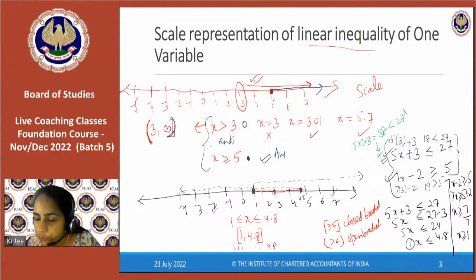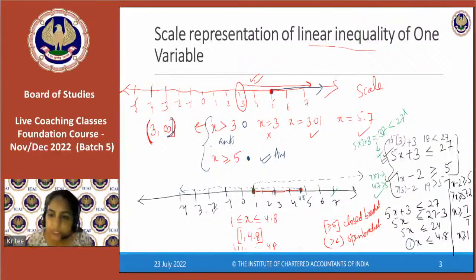7 is not fulfilling the condition of the first inequality. If I take 7 in the second part, 7 into 7 minus 2, 49 minus 2 is 47. 47 is greater than 5. Yes, 7 is completing the condition given in the second inequality. But the problem is that 7 is only fulfilling the condition of the second inequality. We want the answer which will fulfill the condition of both inequalities.